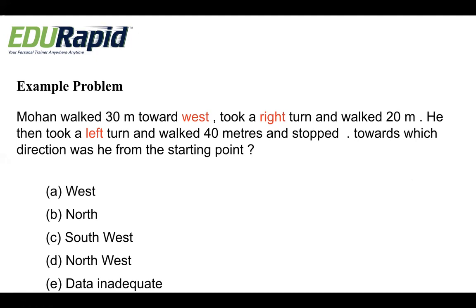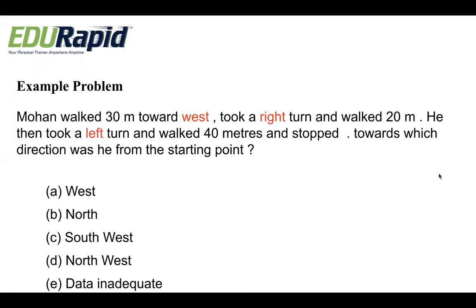Mohan walked 30 meters towards west. You can start with a point and walk 30 meters west and took a right turn and walk 20 meters. So what will happen when you are facing west? You need to take a right turn and walk, right? There is one direction you'll be going in.